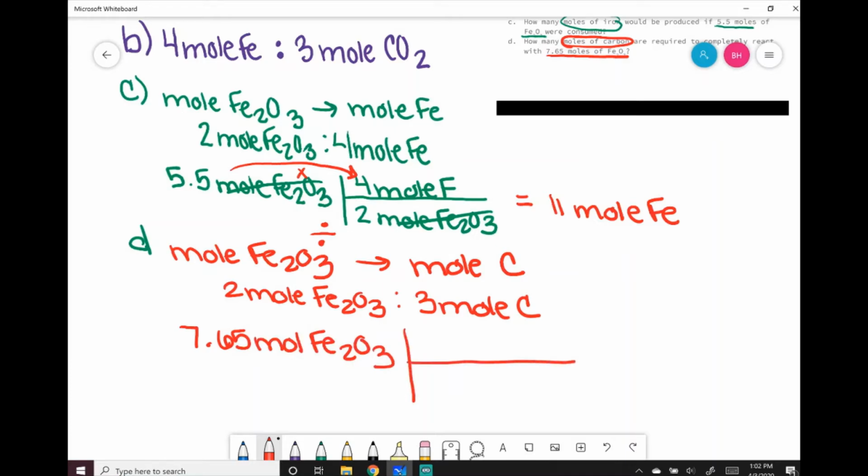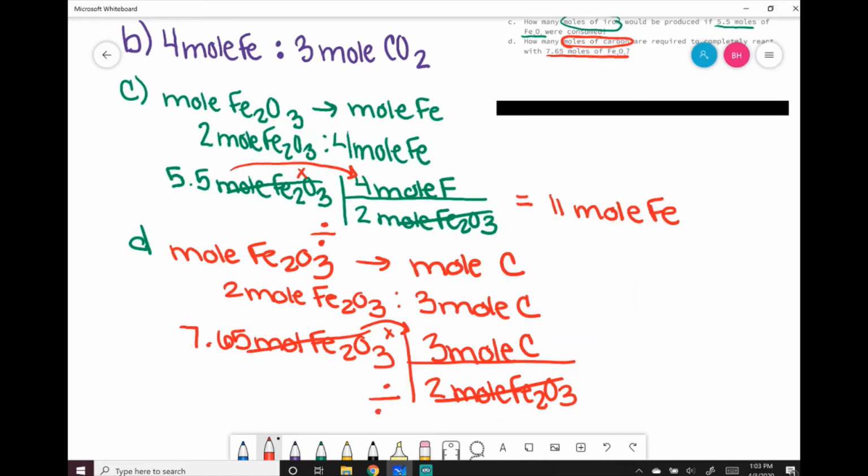Plug in my ratio again, making sure that this is on the bottom because you want it to cancel out. So my 2 moles on the bottom to cancel out, my 3 moles of carbon on top, units cancel out, multiply the top, divide by the bottom.